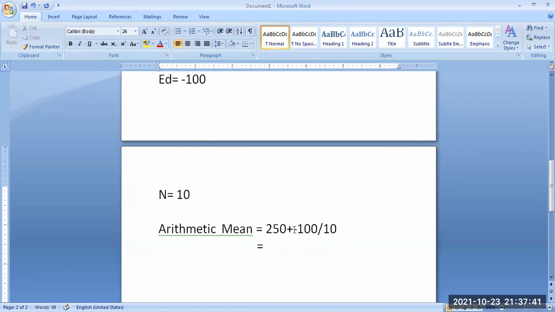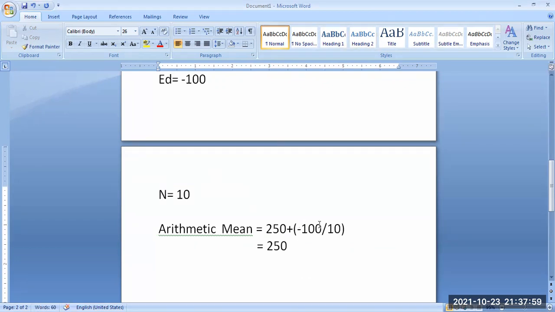So here I will keep a bracket because a minus value is there: 250 plus, in brackets, minus 100 by 10. I told you about the BODMAS rule; earlier I explained it.